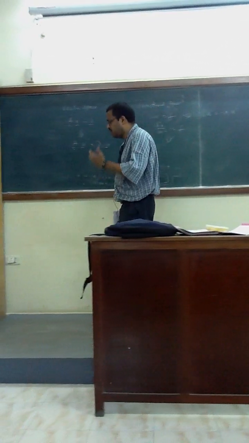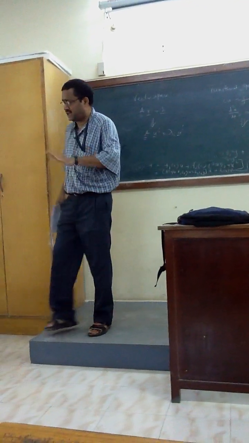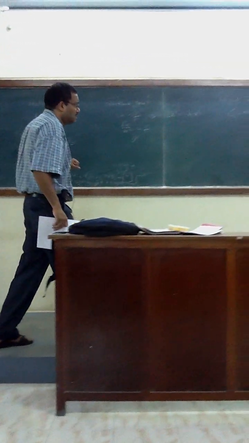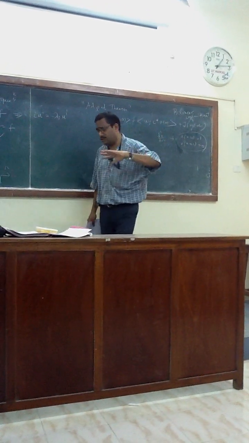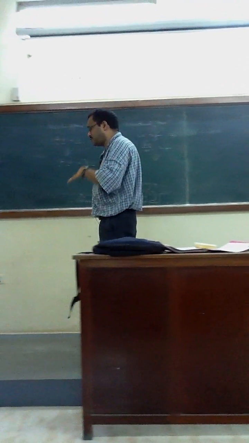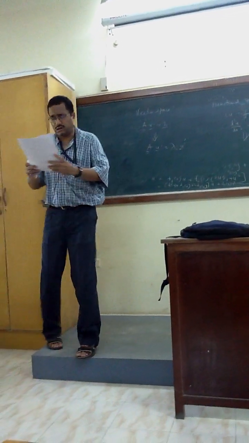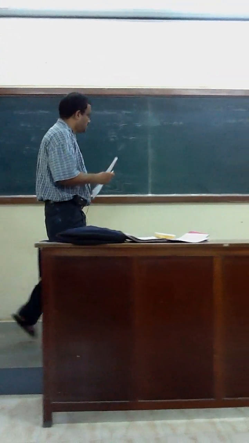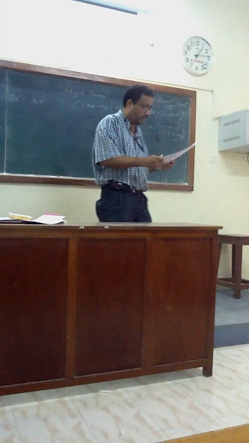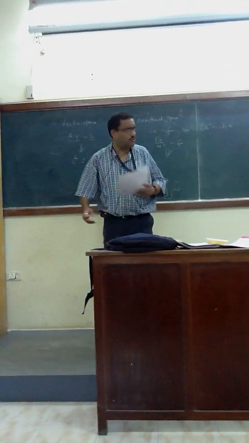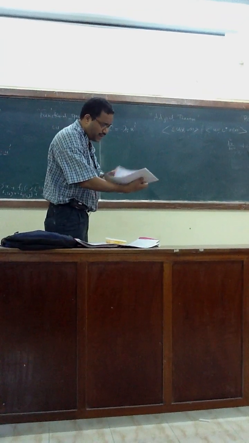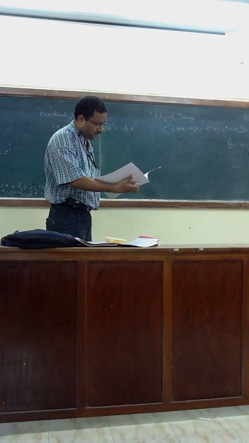That has to be 0, and L equals L star. Then only you can say the operator is self-adjoint. All those things I am going to address in the next couple of minutes or hours. Now we'll look at the typical adjoint theorem and the complications.